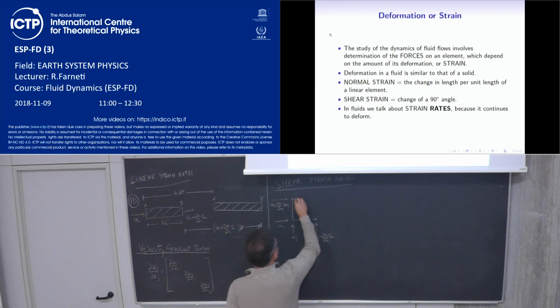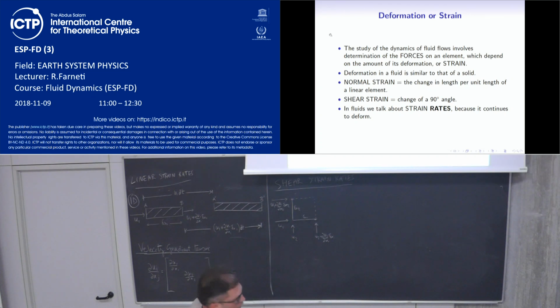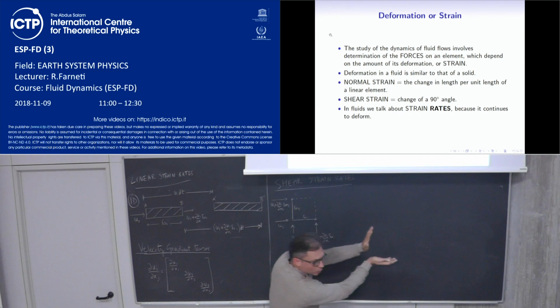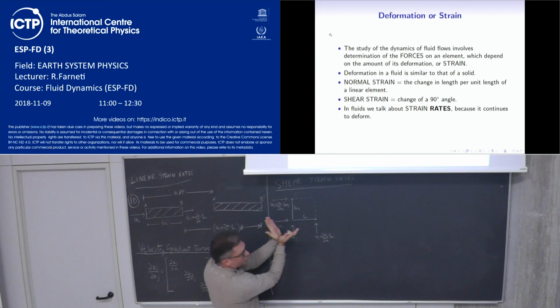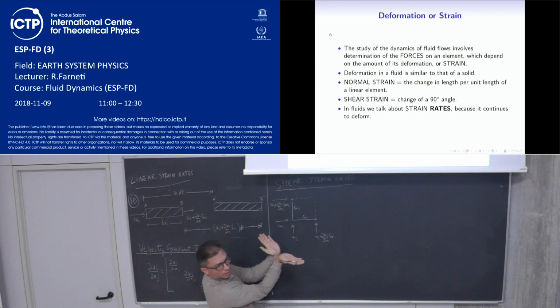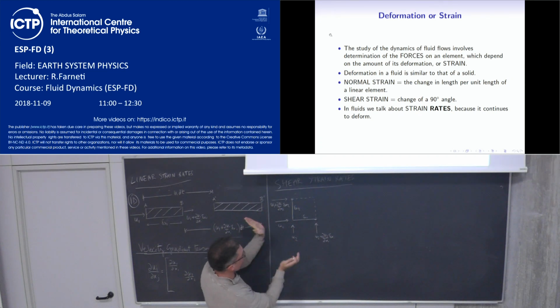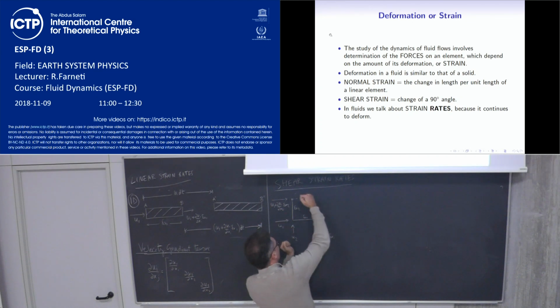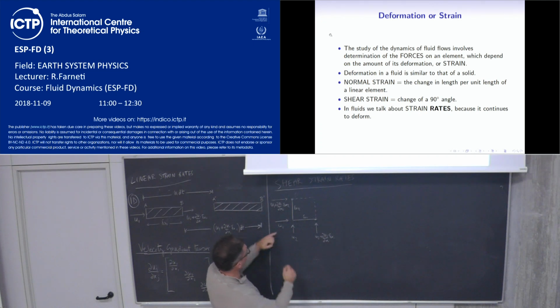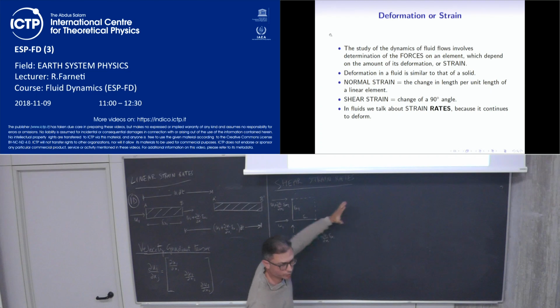What is going to happen to this element of fluid is that it might be subject to a shear. So instead of just deforming in x1 or in x2 or in x3, this element of fluid might be subject to a shear and rotate, or get shrunk, or expand in this way. Now these two are not the same, so there is a shear in x2 or a shear in x1. So this might go like this and this might go like that. If these two are the same, there's just a linear strain rate in x1, for example.